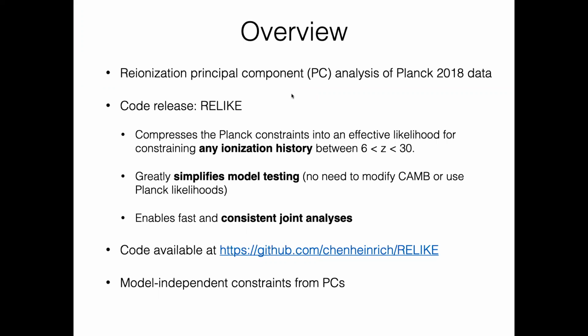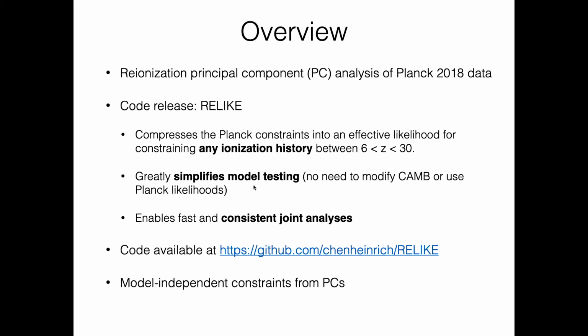And I'll tell you more about how, using this PC technique, we compress all of that information in this very precise data set to get a constraint on any ionization history between a certain range.